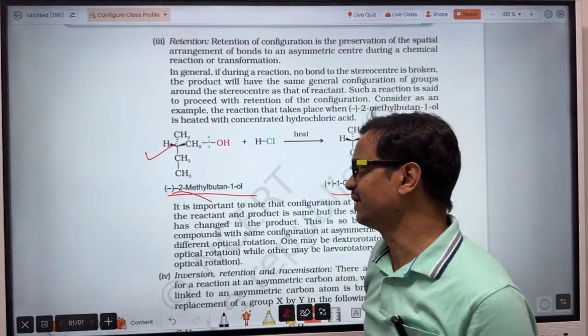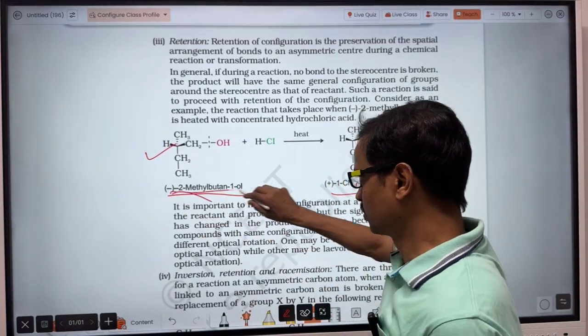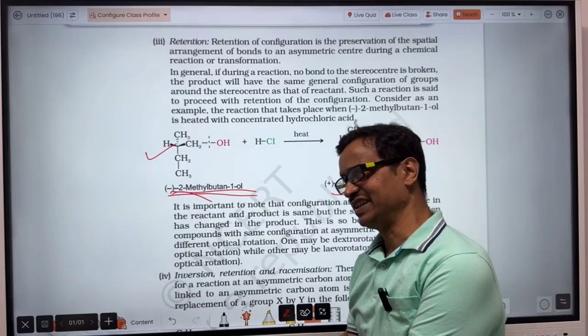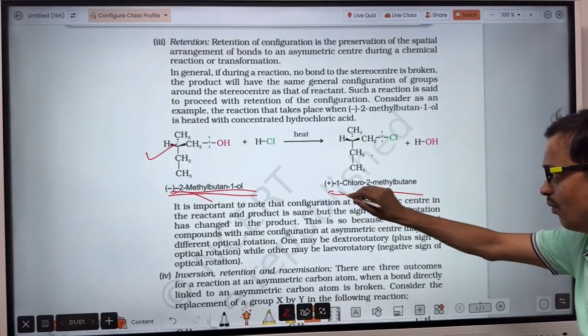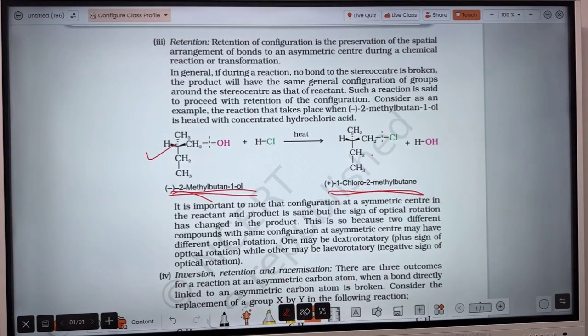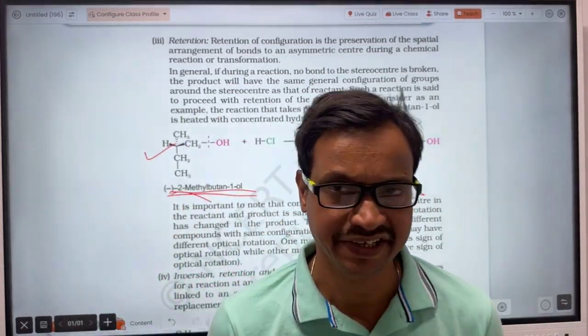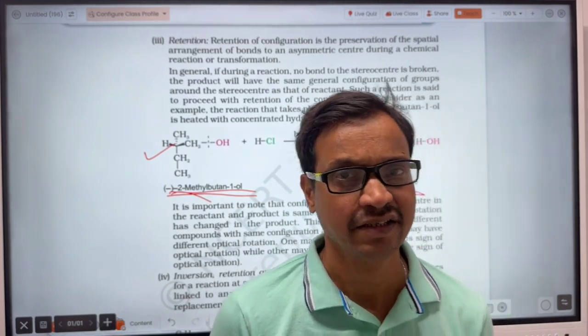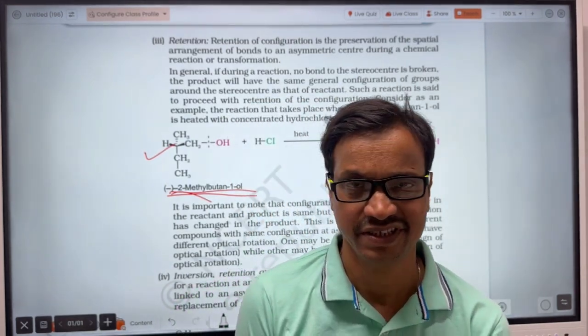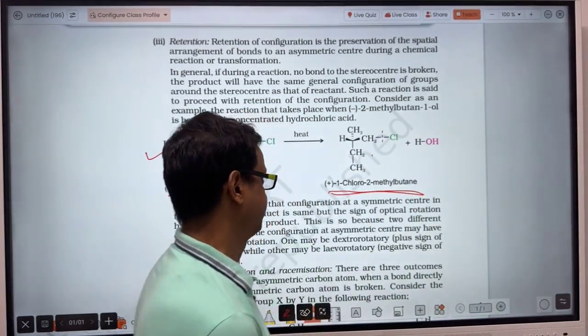So you will have to keep in mind that 2-methylbutan-1-ol is levorotatory and 1-chloro-2-methylbutane is dextrorotatory. A dextrorotatory compound is indicated by plus and a levorotatory compound is indicated by minus.